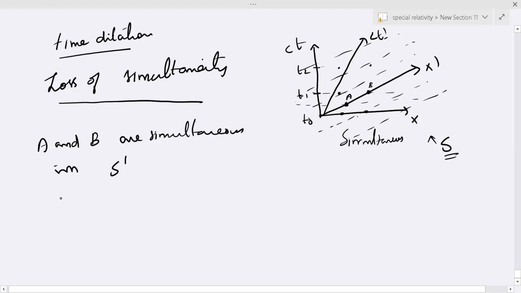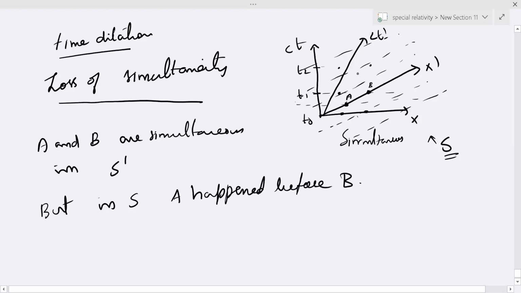But you will see that their time order is not preserved. If you look in S, you will see that A happened before B, because A happened at, say, time t1 and B happened at time t2.